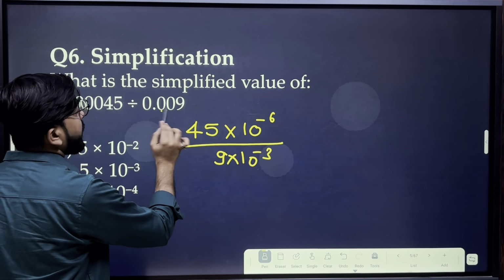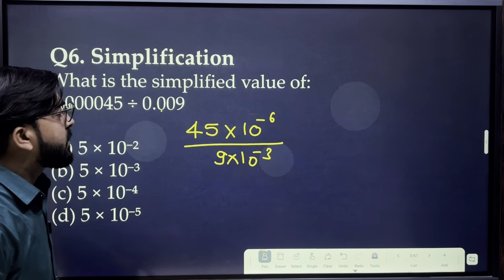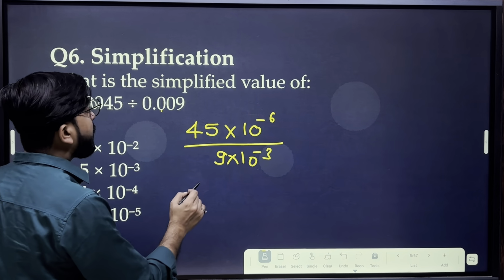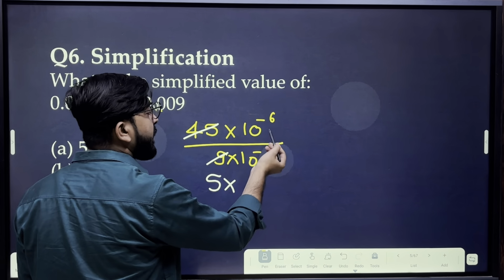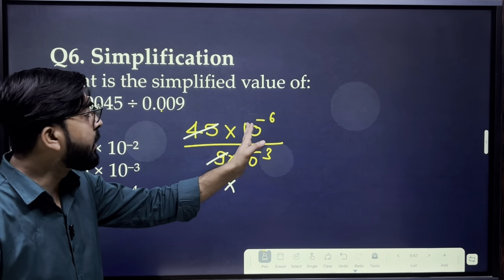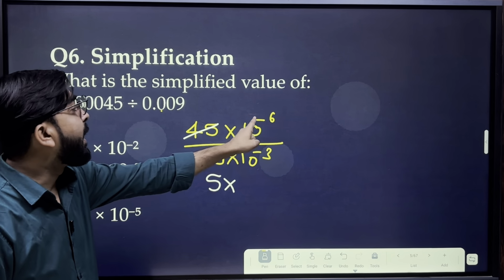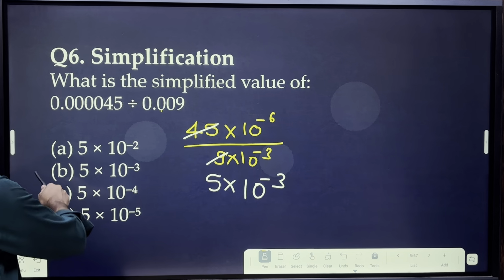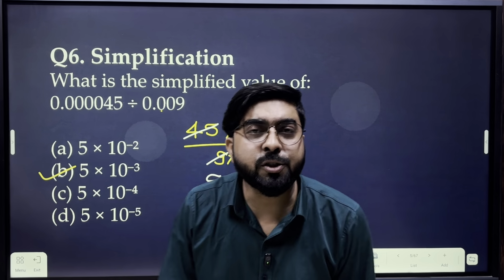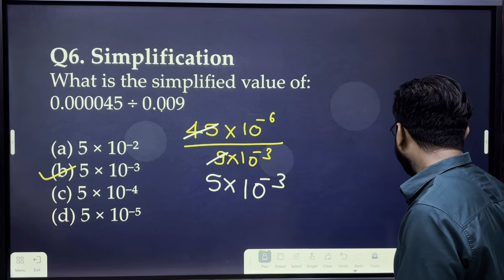Why? 1 2 3, after 3 digits there is a decimal. 9 5s are 45 into 10 power 3, that is minus in the bottom, goes up on the numerator. So minus 6 plus 3 becomes minus 3. The answer is option number B. Very simple question, so this is why I have taken this in simple.